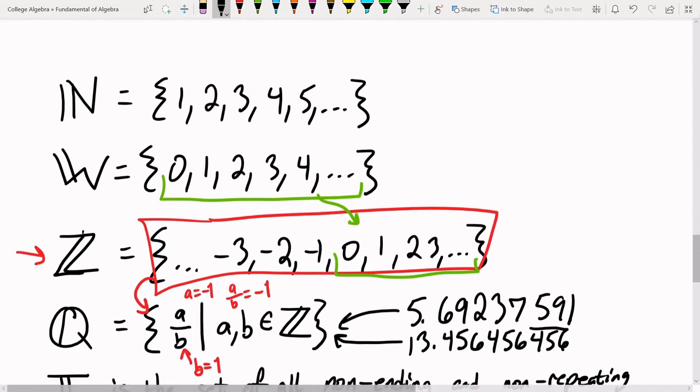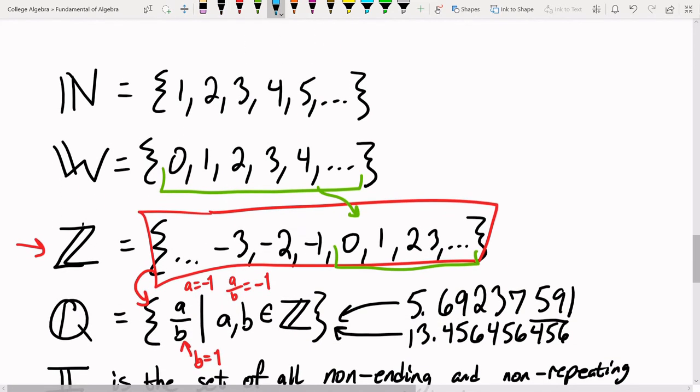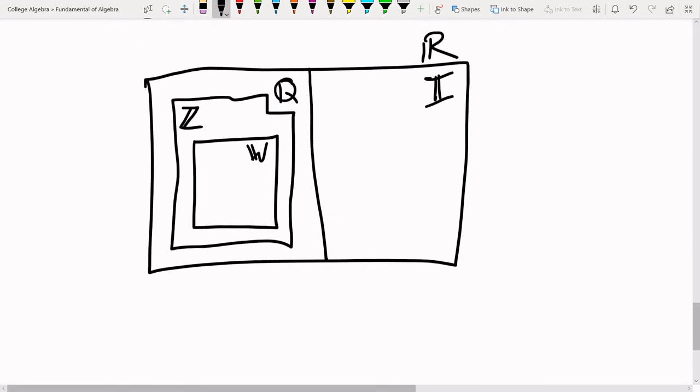And of course, do it like this. These are just right there. So the natural numbers are contained within the whole numbers. So we can just go like this and do natural numbers.